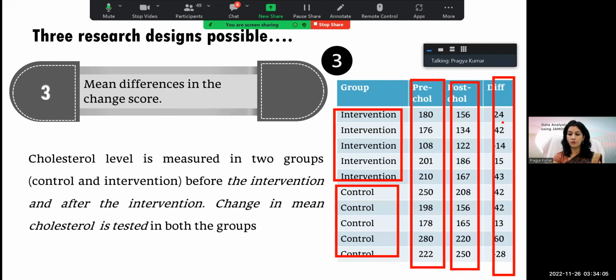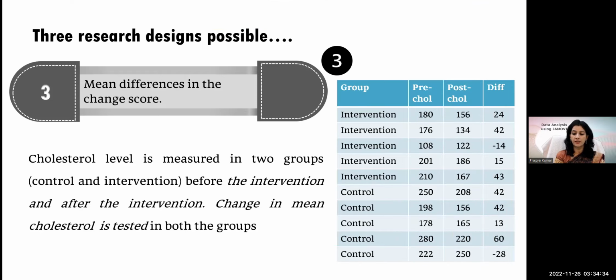So if you want to see the difference in these pre and post cholesterol values, the mean change, and which group reduced cholesterol the most, whether it was the intervention or control, you have to measure the change score. In the change score also, you can apply the independent sample t-test.